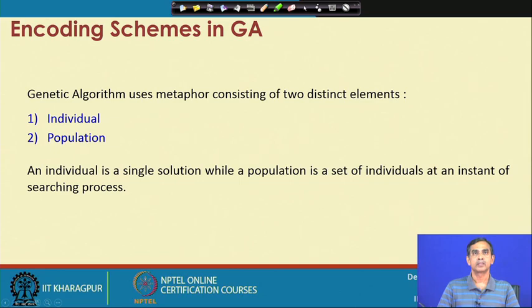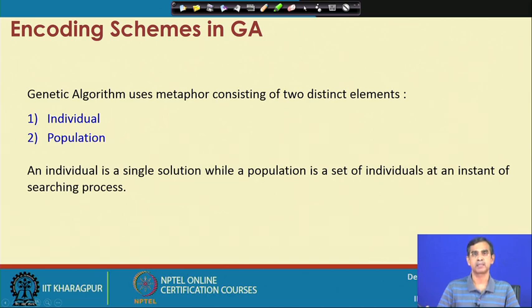Now, for the encoding scheme in genetic algorithm, there are two different things involved in the architecture: one is individual and another is population. An individual is related to a possible or prospective solution, and a set of prospective solutions is called a population.